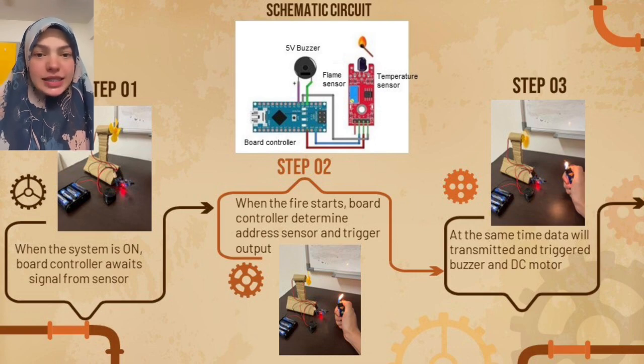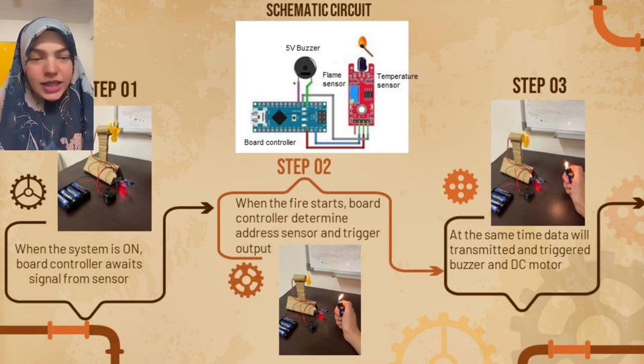When the circuit is turned on, the board controller waits for a signal from a sensor. Next, when the fire starts, a sensor will send a signal to the board controller, and at the same time, the board controller will trigger a buzzer and spin the DC motor to alert and give a notification to the system and security that a fire has happened.